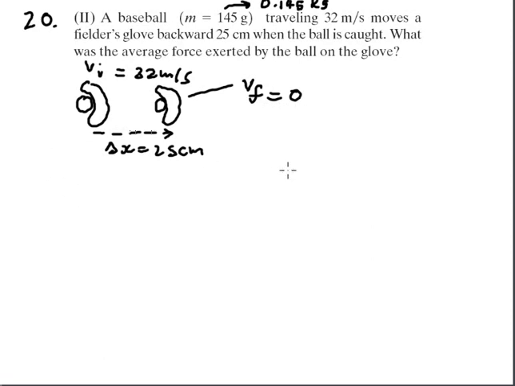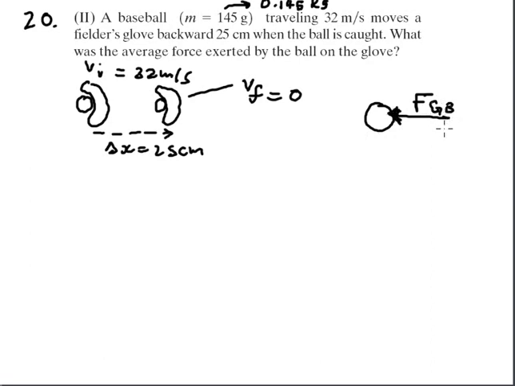So if we zoom in on the ball itself, what we'll notice is that there's only one force acting on the ball, and that is the force exerted by the glove on the ball, and that is the force that's actually doing negative work and actually stopping the ball.